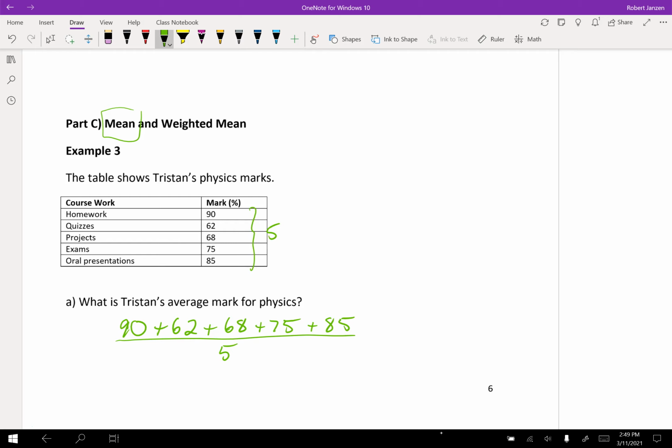Okay, now be careful when you put this in your calculator. My advice to you is put a little equals when you type that in. Okay, and so you should get 380 divided by 5, and this gives you an average of 76%. Okay, that's the average mark, the mean.